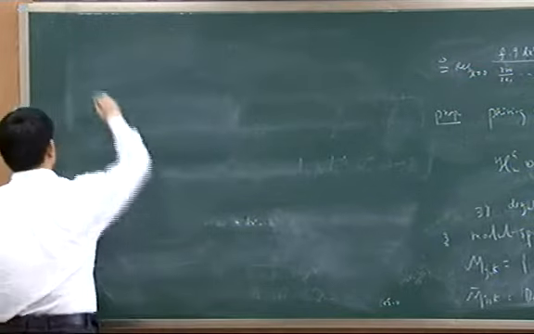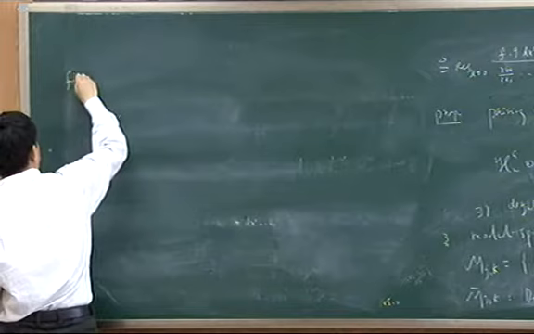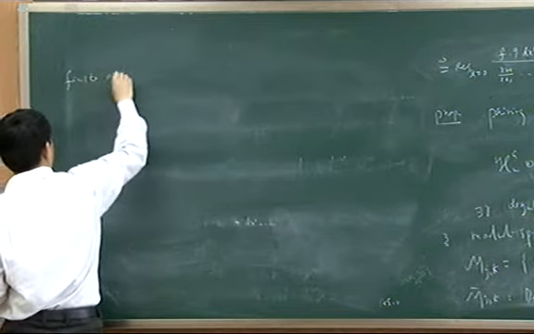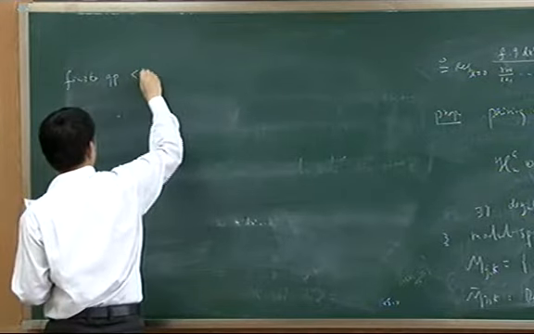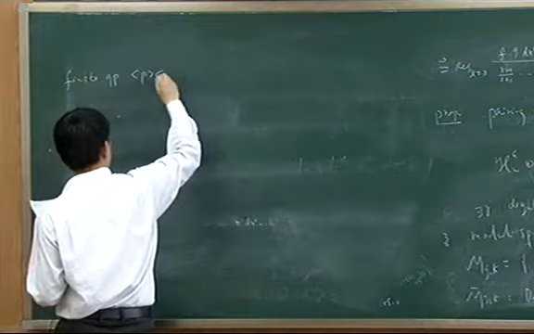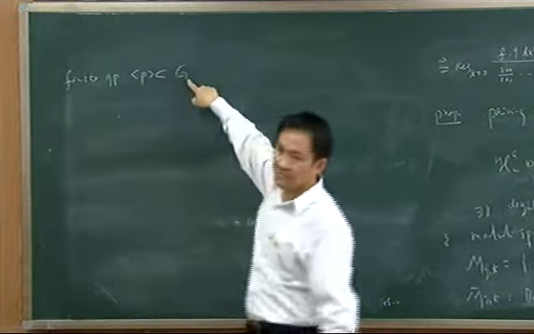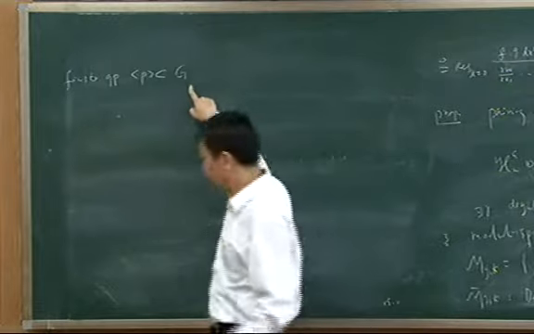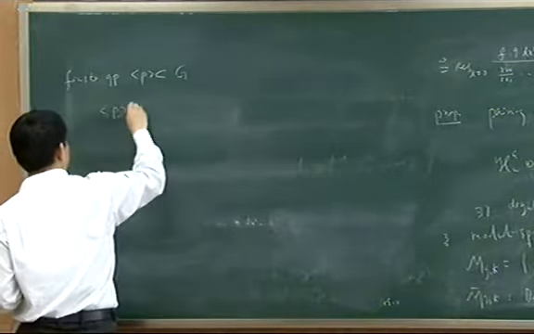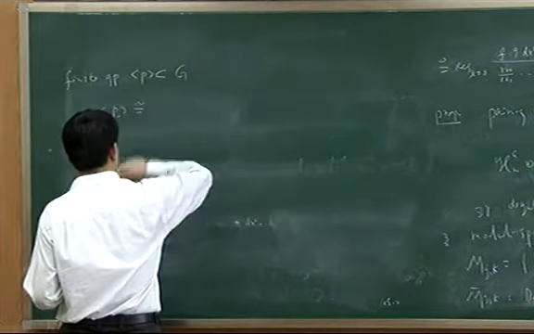So we get a finite group, and this finite group can be proved to be contained in this symmetry group G, and this group is isomorphic to a cyclic group.